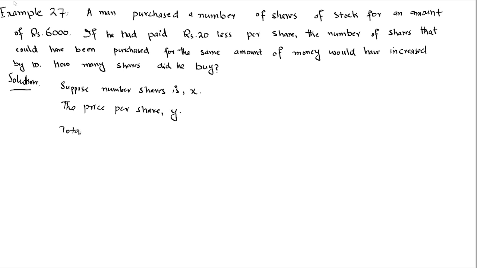So we can write that the total price of shares will equal unit price into number of shares. Now the unit price is Y and the number of shares is X. So the total price of the shares will be XY.